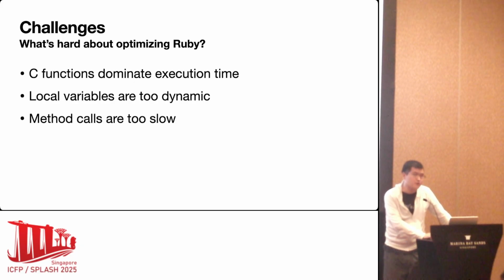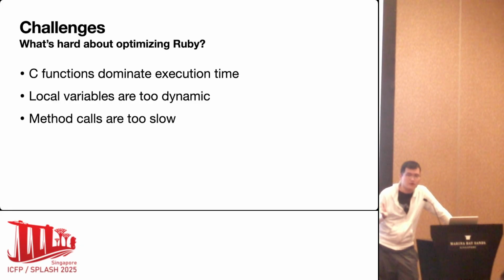CRuby is written in C, and the standard library is also mainly written in C, so the benefit is that you have very good warm-up performance. On the contrary, when you JIT everything, the JIT is not able to optimize across the C function call boundary, so it limits ZJIT from optimizing Ruby further, from changing the behavior inside the C function.